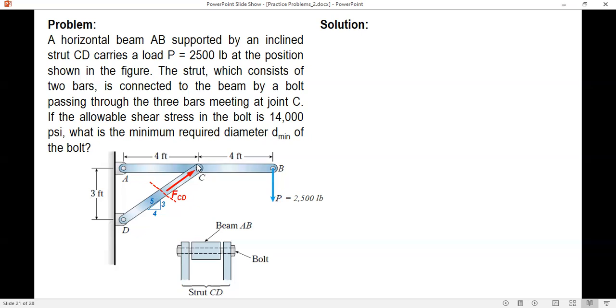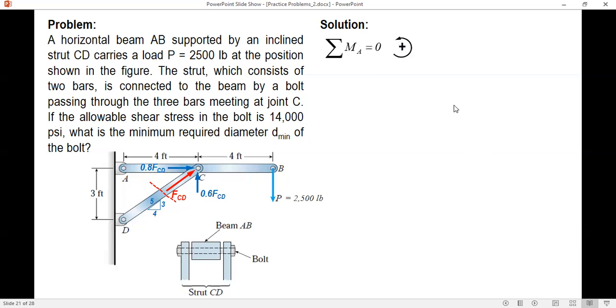So the vertical component is 3/5 FCD, while the horizontal component is 4/5 FCD, or 0.8 FCD, and the vertical component is 0.6 FCD.